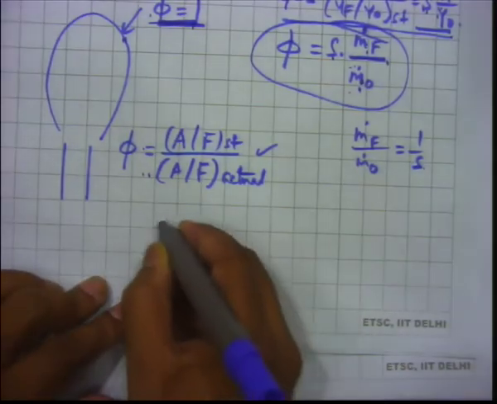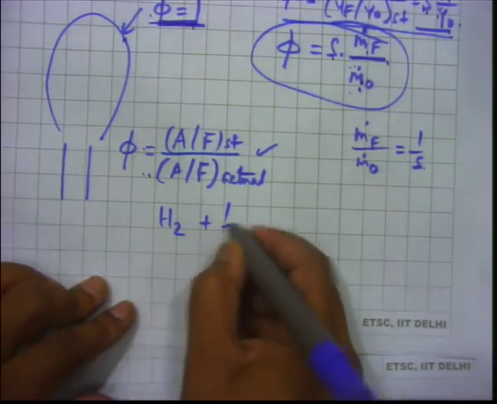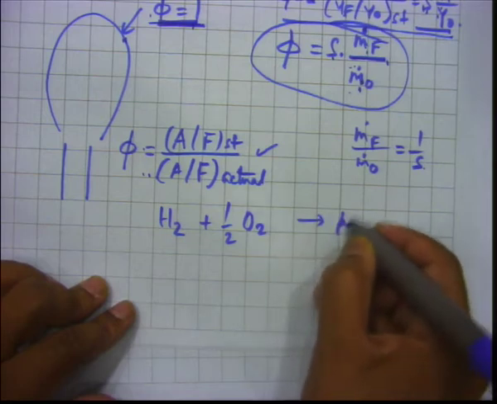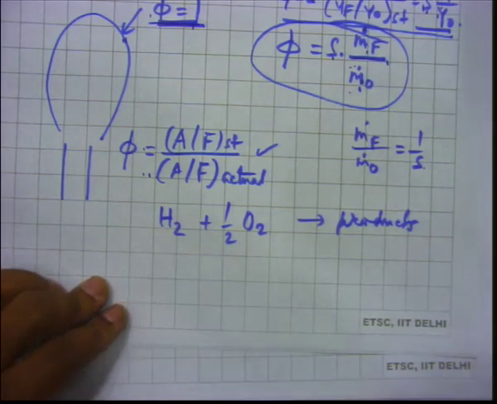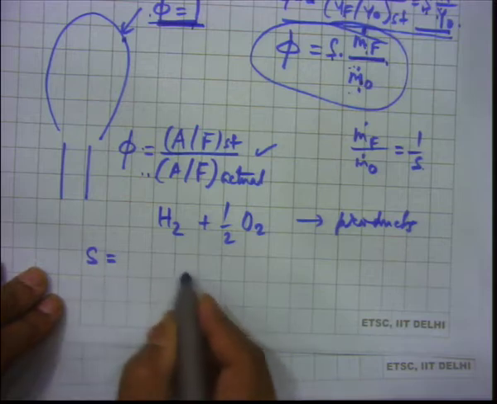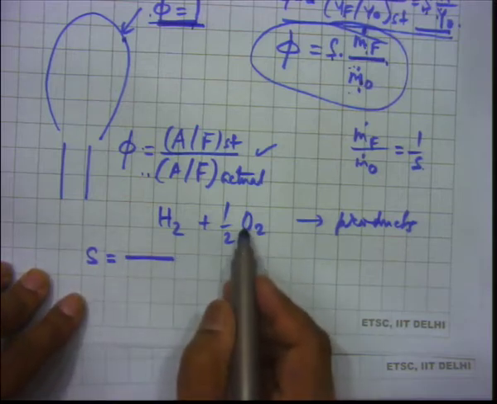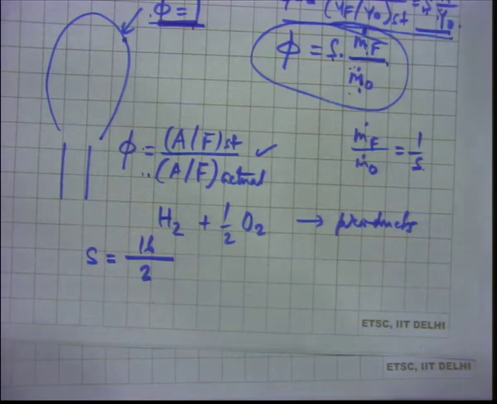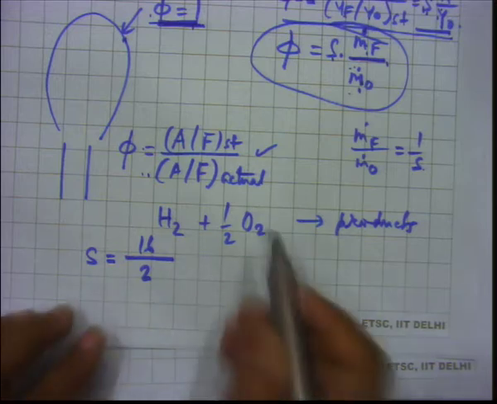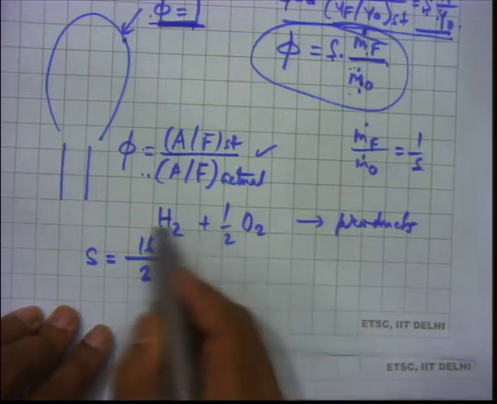To illustrate this, suppose you have hydrogen plus half O2 giving you products. So, what is S? S is 16 by 2. Okay. 16 comes from here, 2 comes from here.